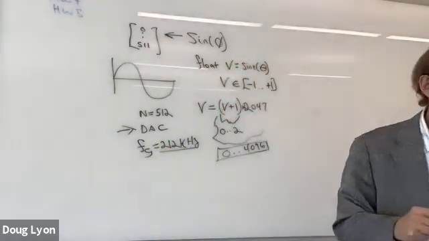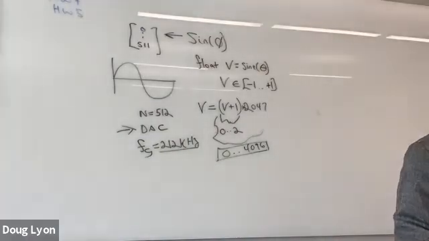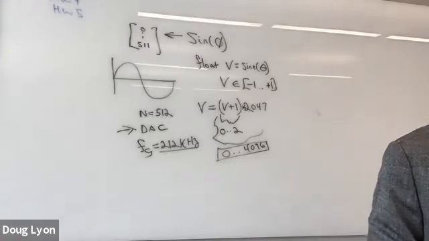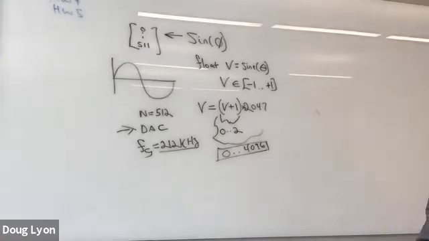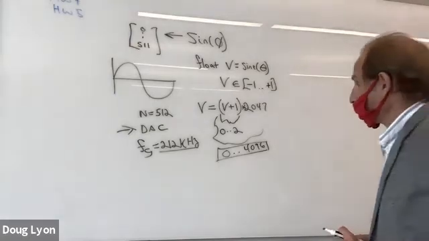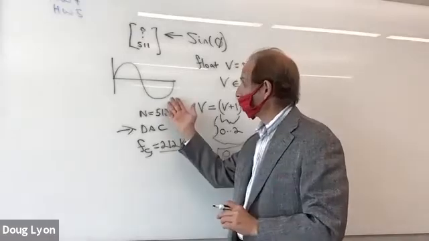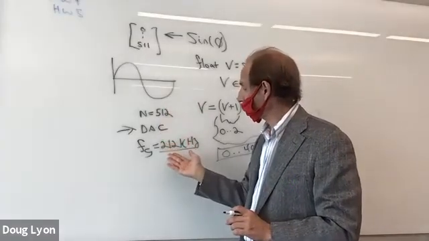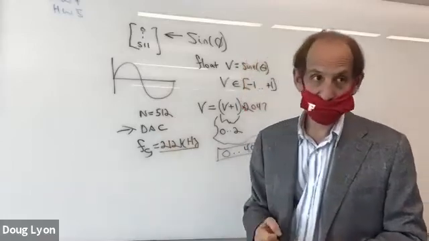What frequency will I be creating? How would I know? Can anyone help me compute that? What is the frequency of the sine wave that comes out of the DAC when you have a 512 wavetable being clocked out at 212 kilohertz?